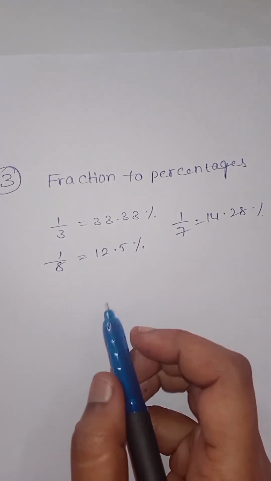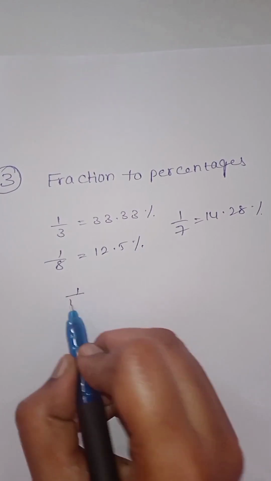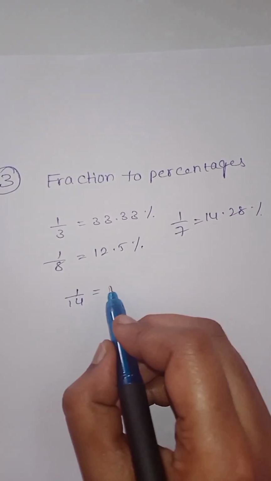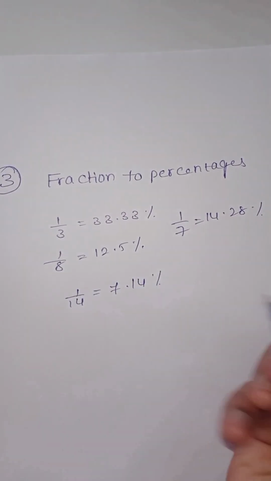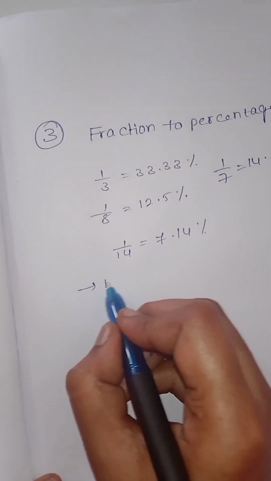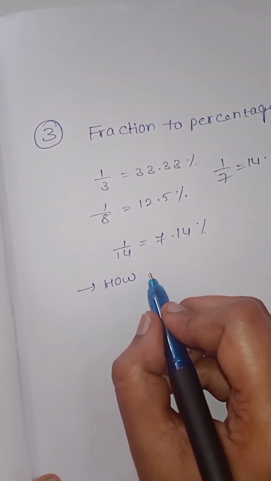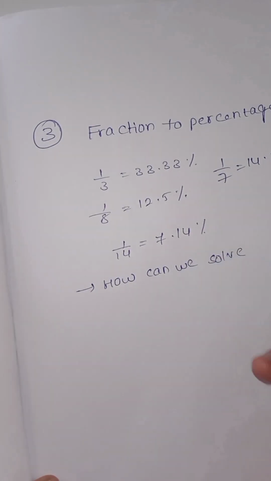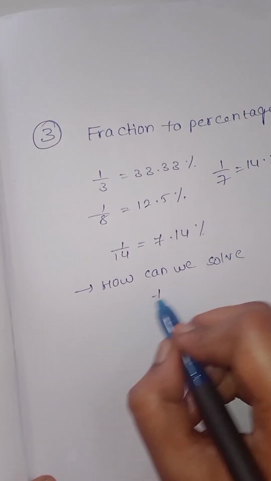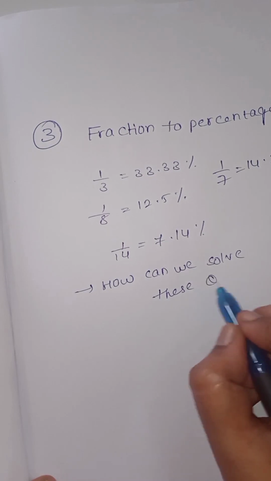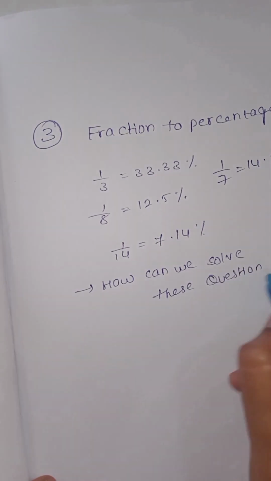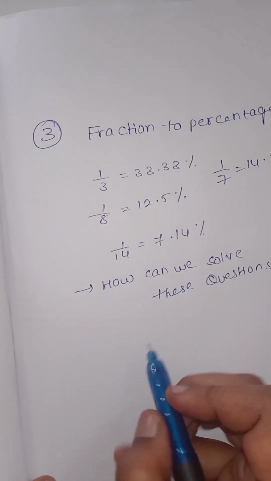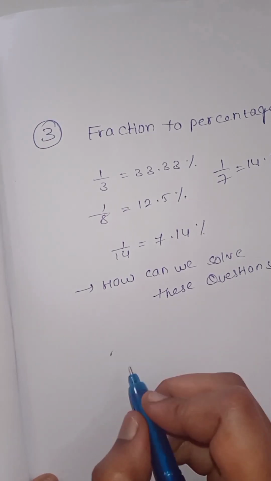Guys, don't skip fraction to percentage values. Why? Because in lots of topics we can get fraction to percentage values, like DI and simplifications, and sometimes they will ask in quadratic equations also. So you must try to learn fraction to percentage values.